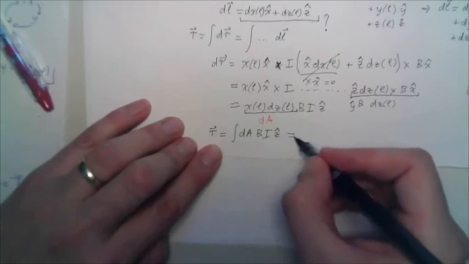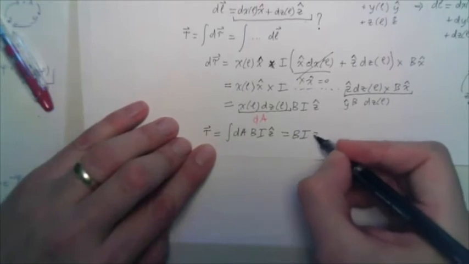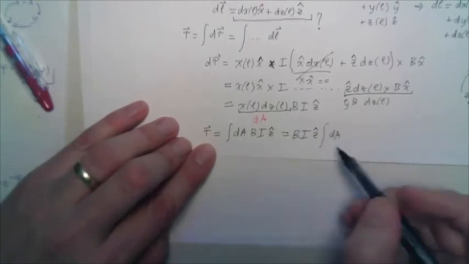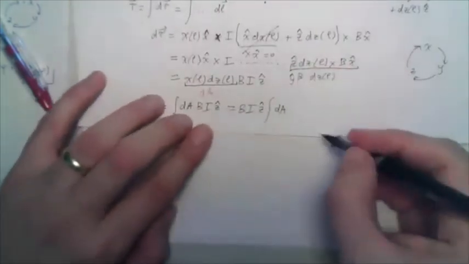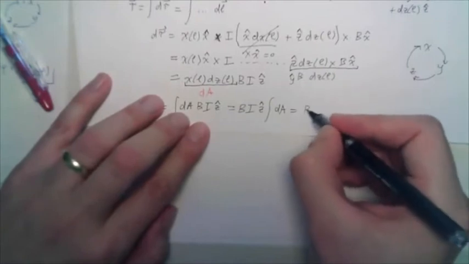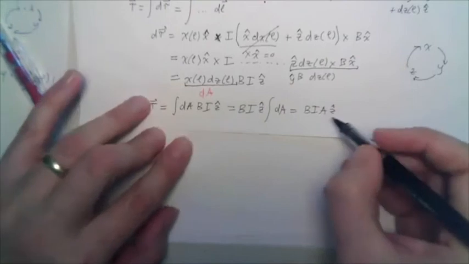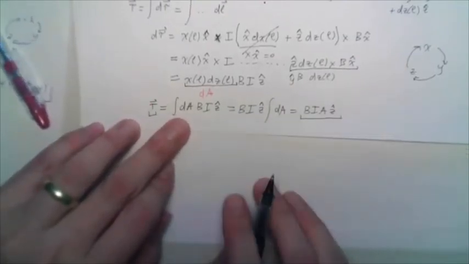And now this is actually, after all of this super implicit stuff, what I like calling the world's most simple integral. It's just the integral of dA, which is going to give you A. So this is B I A z hat. Woohoo! That is very exciting.